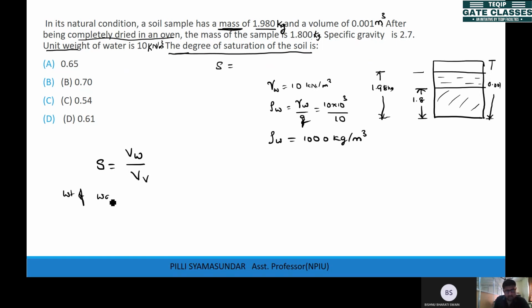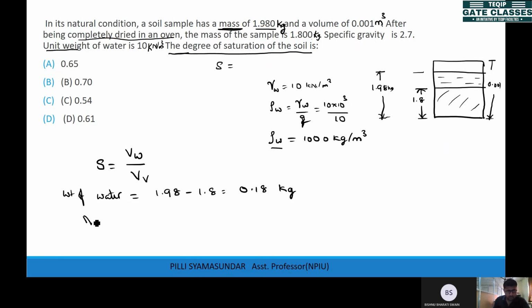So the weight of water is 1.98 minus 1.8, which is 0.18 kg. I know the weight. Can I find out the volume? Yes, because I know the unit weight of water, so I know the density of water, so I can find out the volume of water.